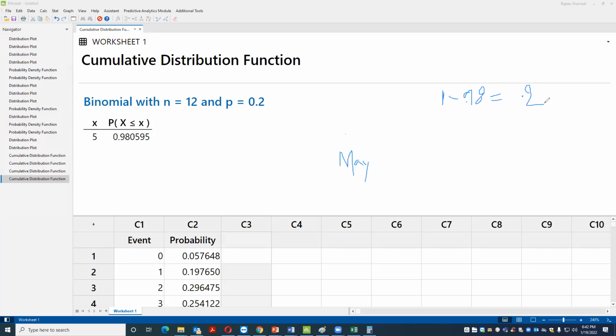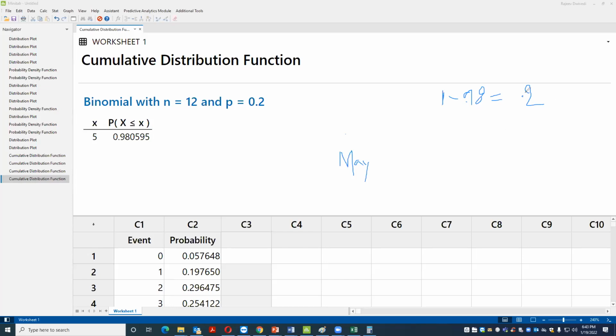Is it making sense? If it is clear, can I move ahead? What is your opinion, everyone? Yeah, we're good.